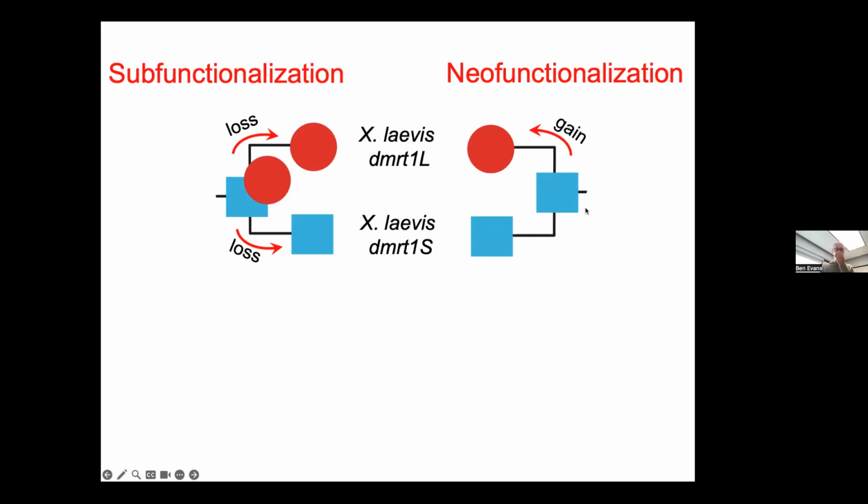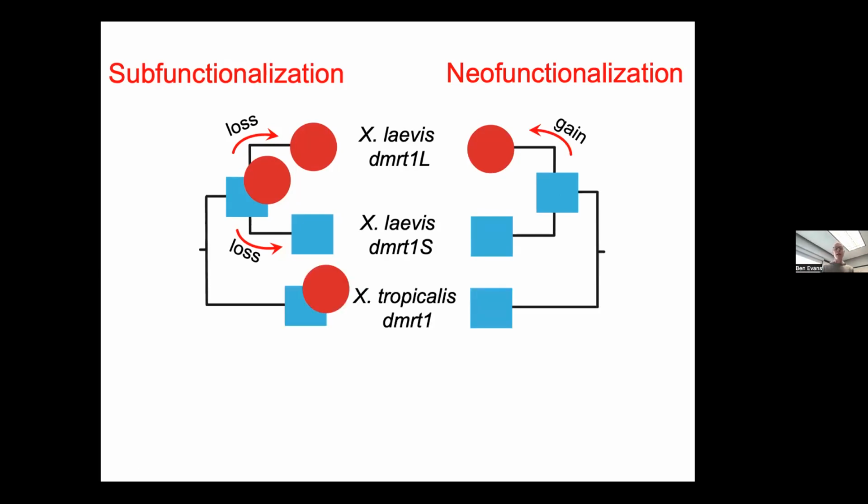To distinguish between subfunctionalization and neofunctionalization, the typical way evolutionary biologists do this is to look at an outgroup species and ask whether that outgroup has a gene that's multifunctional, in the case of subfunctionalization, or that has a single function, in the case of neofunctionalization. We're able to do this by knocking out the gene DMRT1, which is present in a diploid species called Xenopus tropicalis.